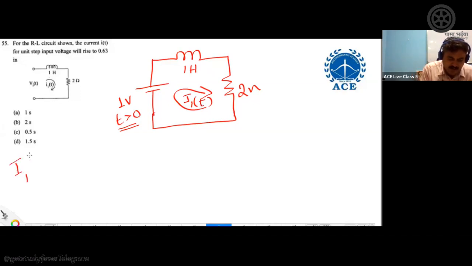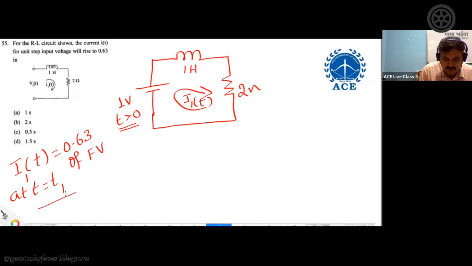It means i1(t) at t equal to some t1 must be equal to 0.63 of the final value. This is a very important observation. Don't think it is 0.63 amps; he did not say amps. It will rise to 63%. That should be the exact question, but instead of 63% he just gave 0.63.